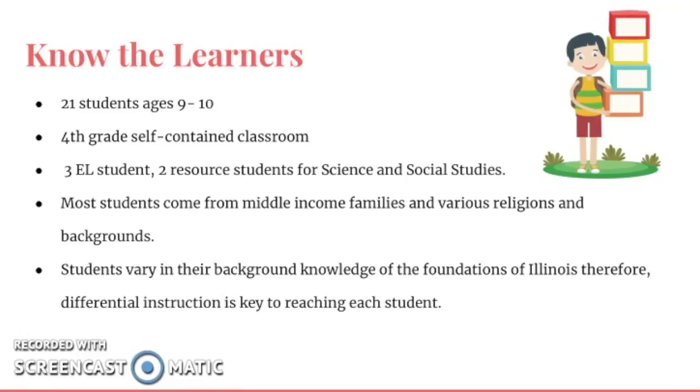We have 2 resource students that receive extra help for science and social studies from a resource teacher as well. Many of our students come from different backgrounds, religious beliefs, and most of them are middle income families from the suburbs.